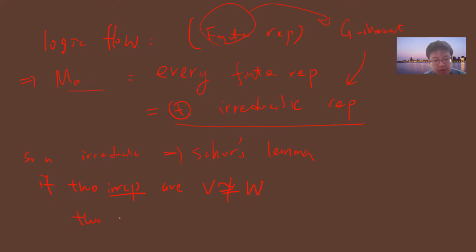And if two irreps are the same, then the only linear map from V to W is some lambda times identity. Some people write notation like homomorphism from V to W. This is not just a linear map from V to W, but a so-called G-linear map. Some people use this notation to denote all the G-linear maps from V to W.